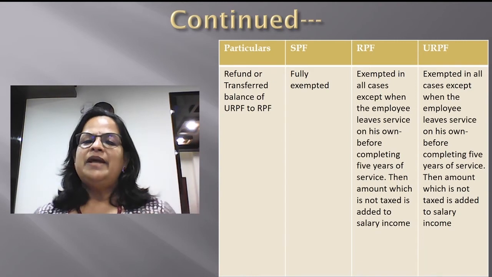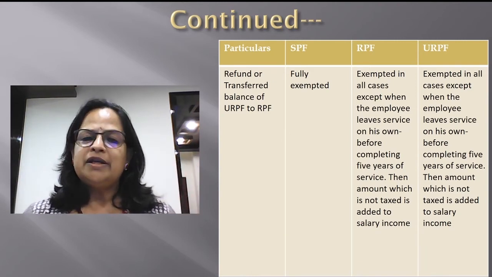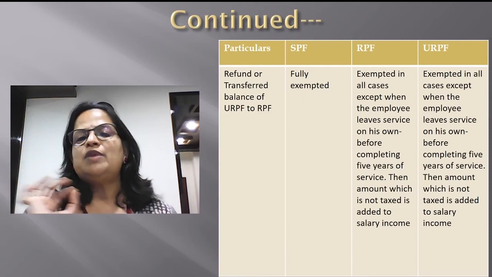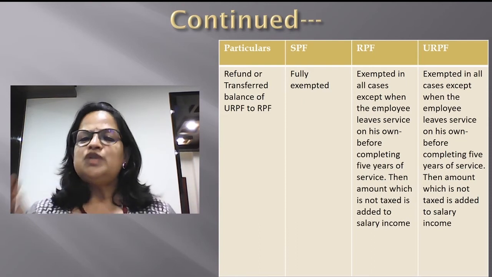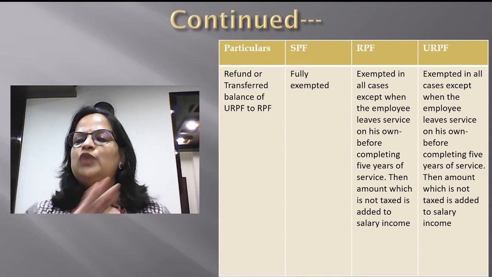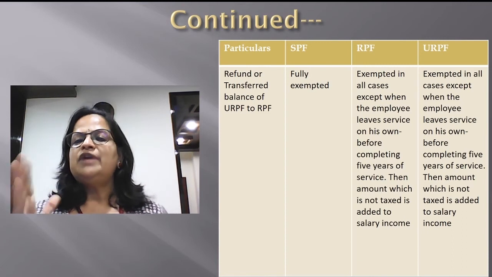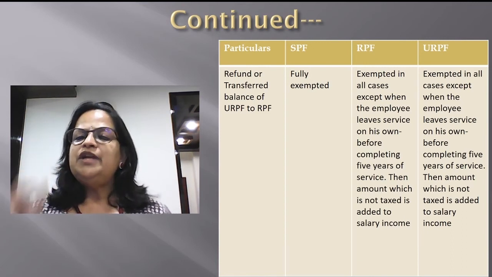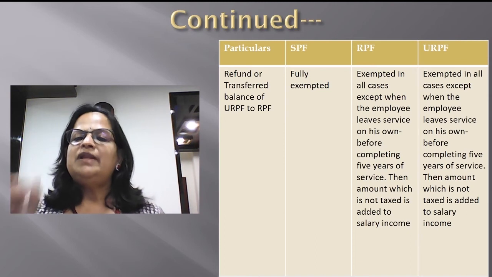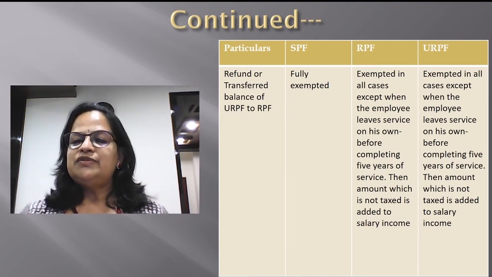I already explained what transferred balance is: when an amount is transferred from unrecognized provident fund to recognized provident fund. If the transferred balance is to statutory provident fund, it is fully exempted. Whereas for RPF, recognized provident fund, you have to see the condition: exempted in all cases except when the employee leaves service on his own before completing 5 years of service.